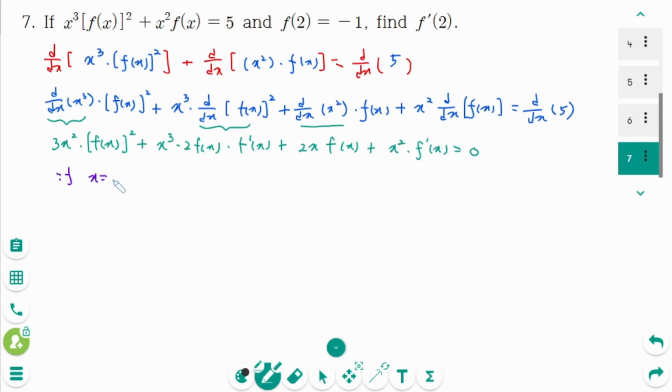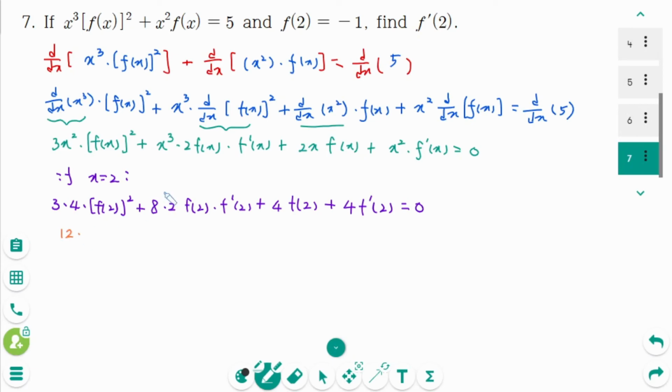If x equals 2, then 3 times 2 squared, which means 4, times f of 2 squared plus 2 cubed, which is 8, times 2 times f of 2 times f prime of 2 plus 2 times 2, which is 4, f of 2 plus 2 squared, which is 4, f prime of 2 equals 0.